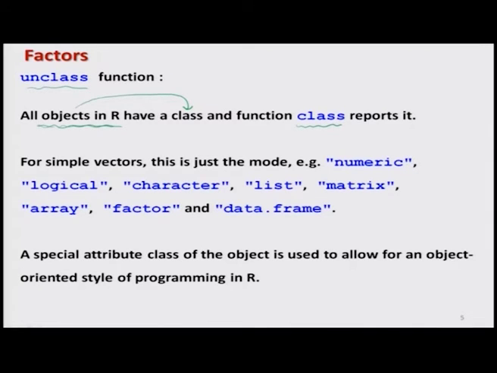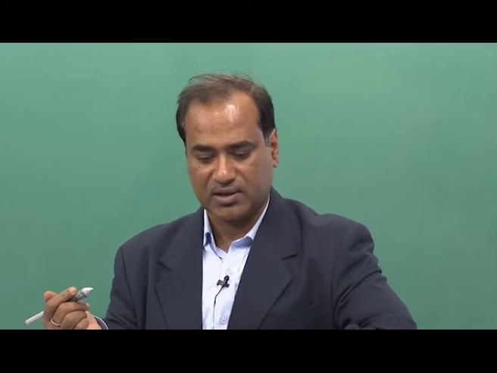Now, if I try to translate it in simple language, you all know, we have already done one function in more detail recently, that is called the mode function. And through mode, we wanted some information on what the mode of the object is, whether it is numeric, character or list or something like that.